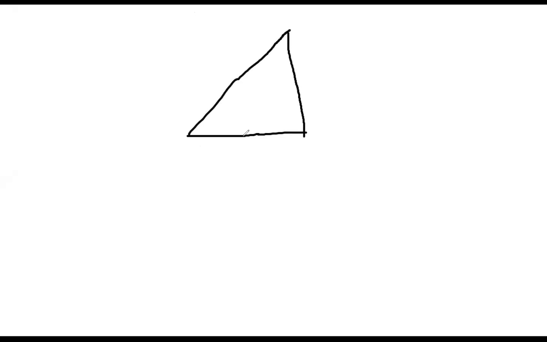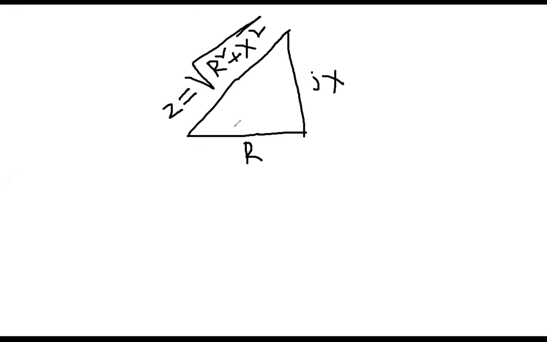I am explaining this thing. For example, this is your R. This is your jX, because this is perpendicular, and this is your Z. And what is that Z? Z is root over R squared plus X squared. And this is your angle theta. Think about this one. This means my vector Z is this one.